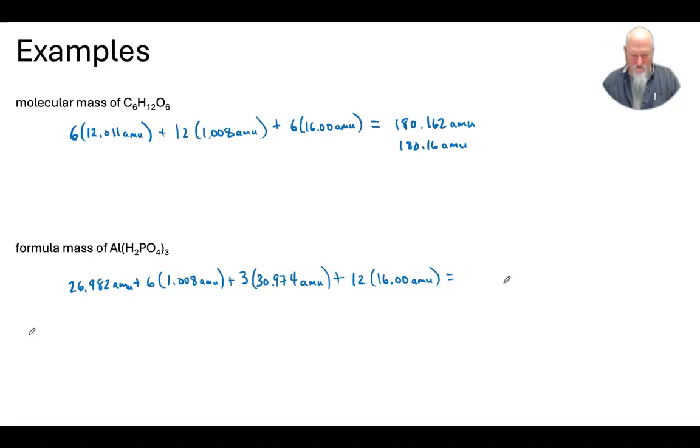I get 317.95 AMU. Wow, that's pretty high. Okay, so that's how we do that. Just take each element and the atomic mass of each element and multiply by the number of atoms of that element you have, and then add them all together.